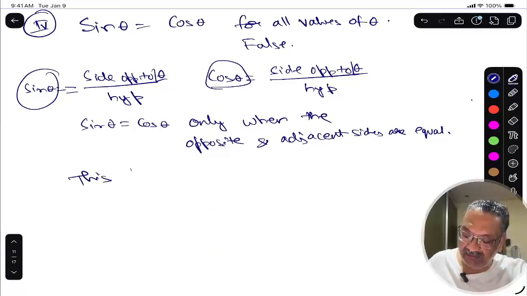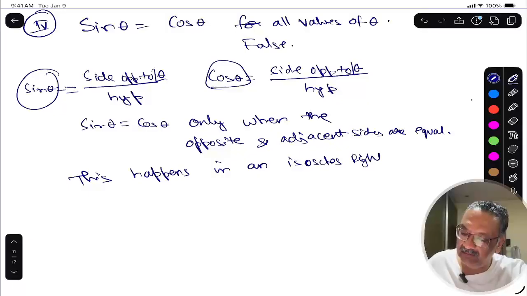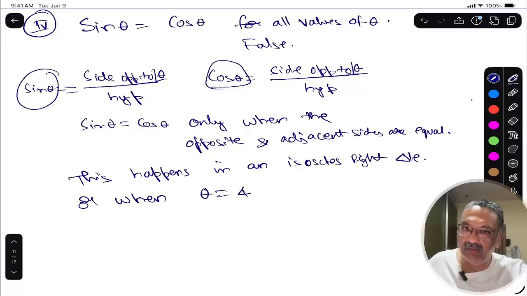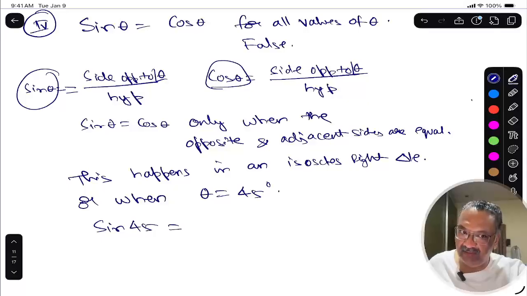This happens in an isosceles right triangle or when theta is equal to 45 degrees. Then what happens? Sin 45 is equal to 1 by root 2 and cos 45 is also equal to 1 by root 2.